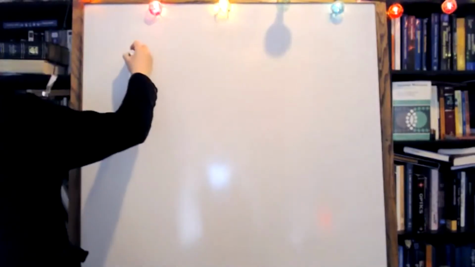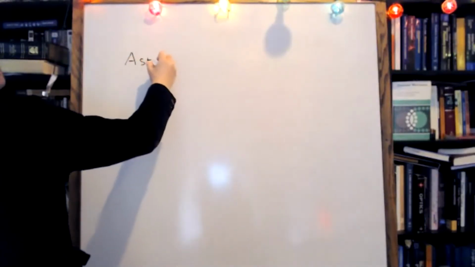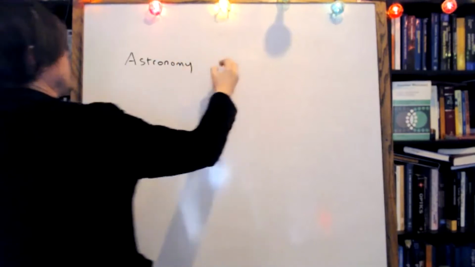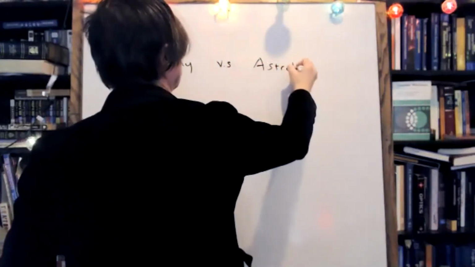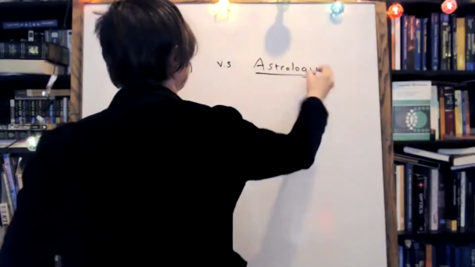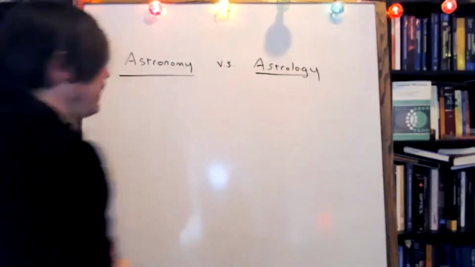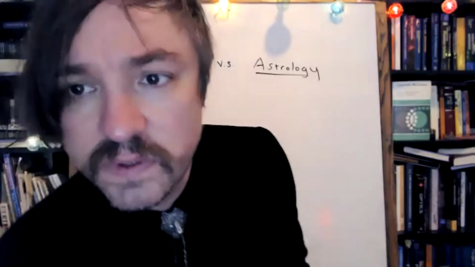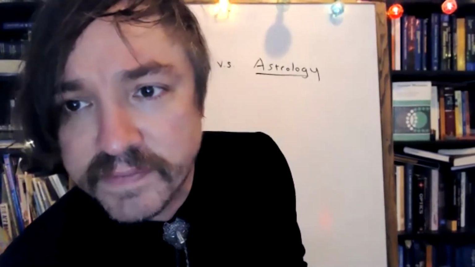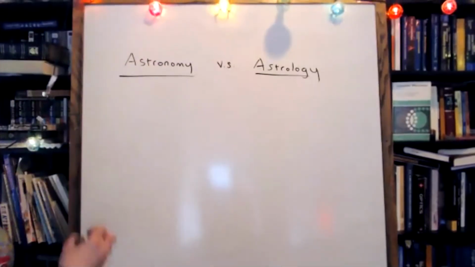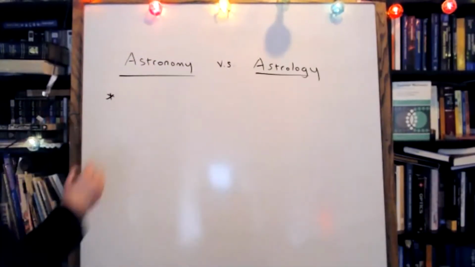On one side, we've got astronomy. And on the other side, we've got astrology, all right? And as Ian pointed out, astronomy could be considered a science.